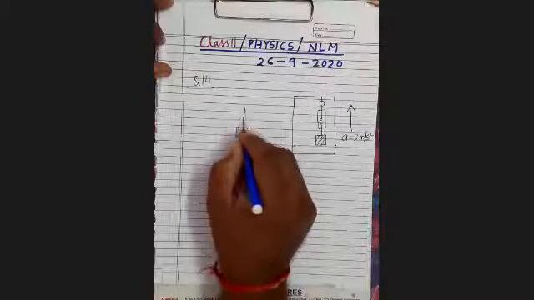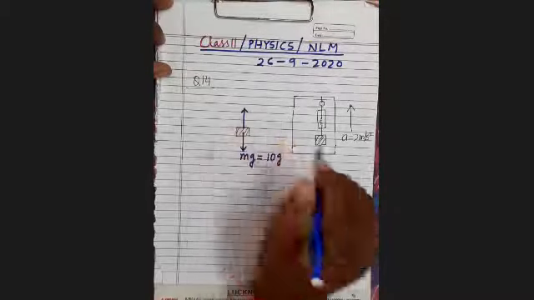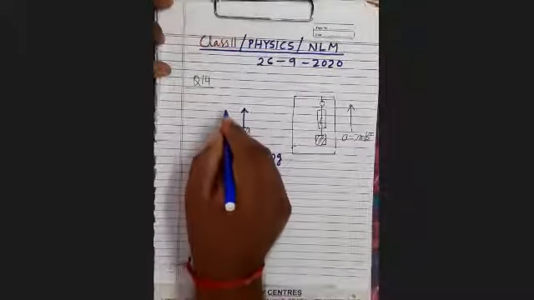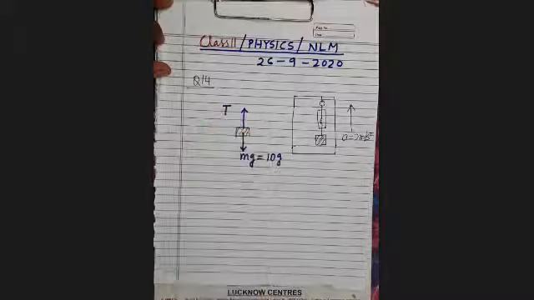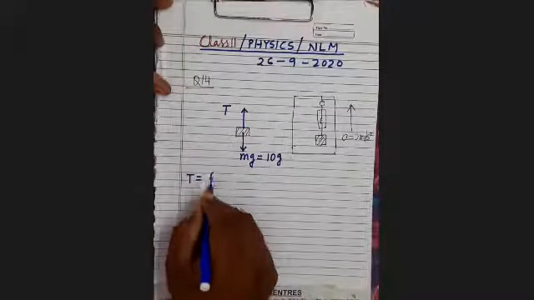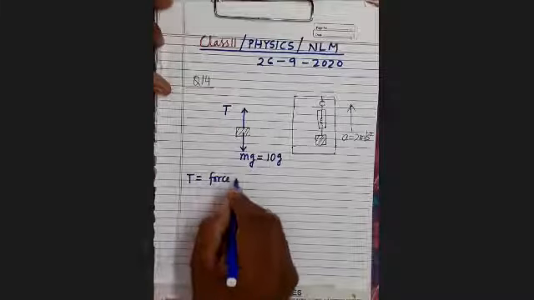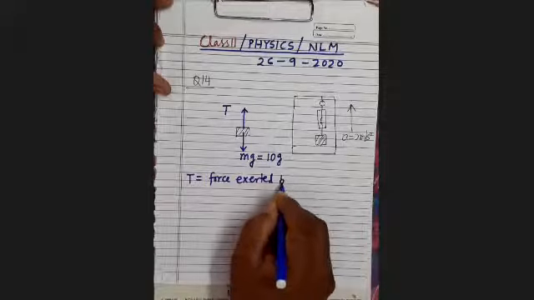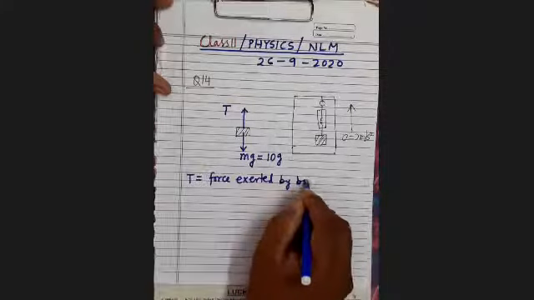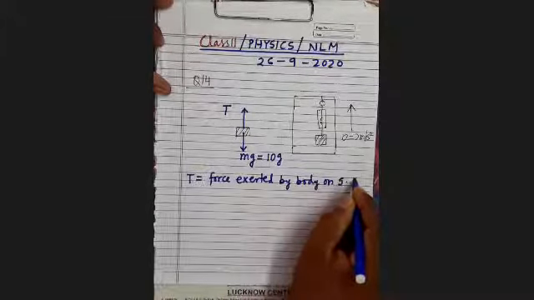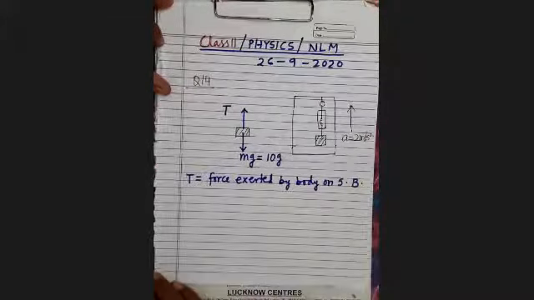And another force which it exerts on the spring of the balance, that we have denoted by T. T is the force exerted by the body on the spring balance. It's clear.